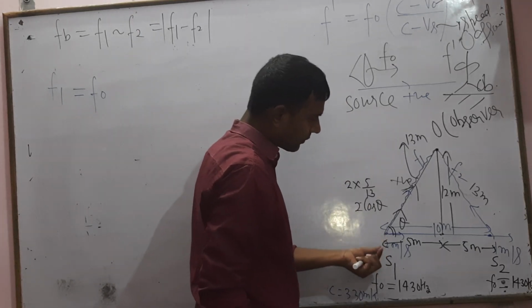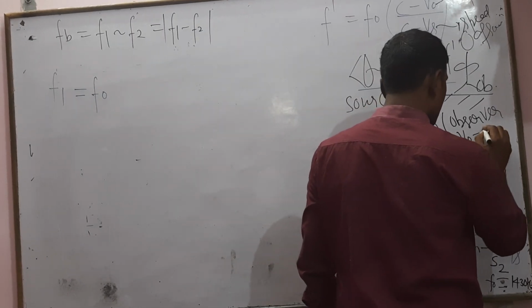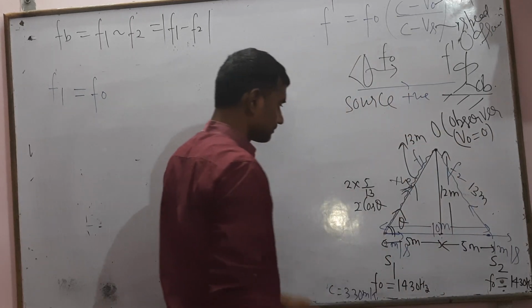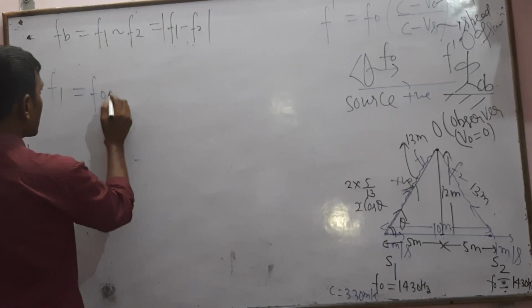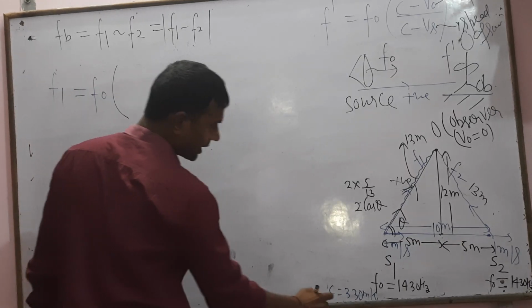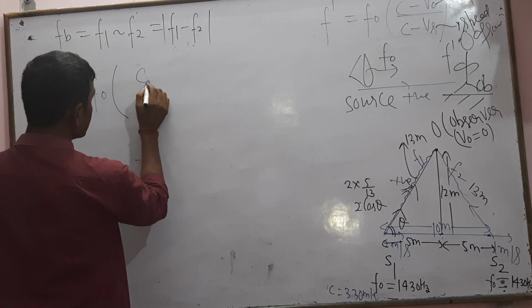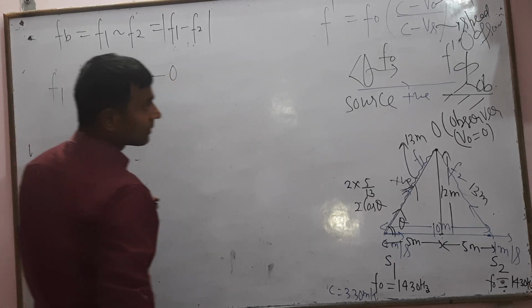This is from source to observer, and the velocity of the observer will be equal to 0. These are the given conditions in this question. Here f naught into c, where c is the speed of sound, divided by c minus the velocity of the observer.